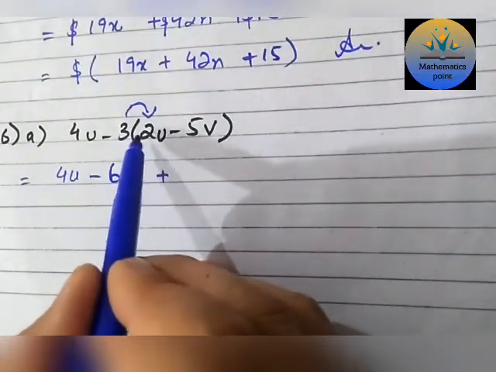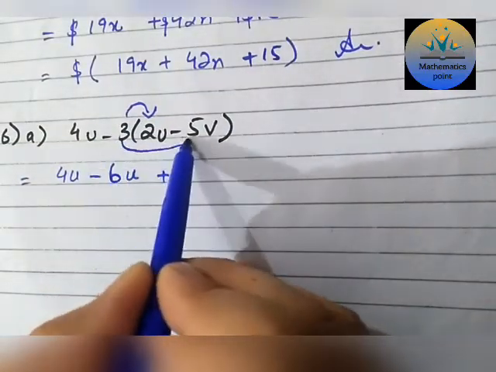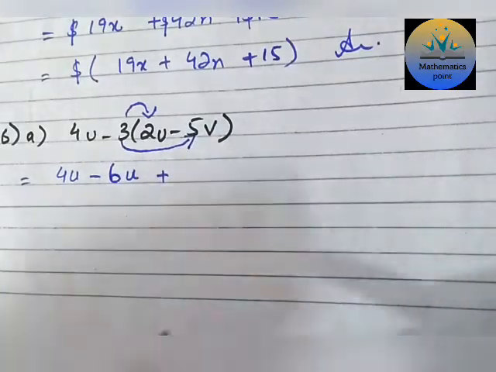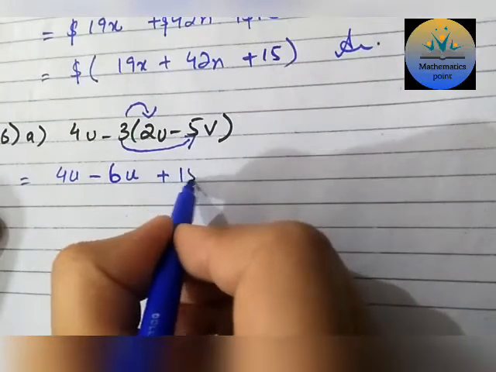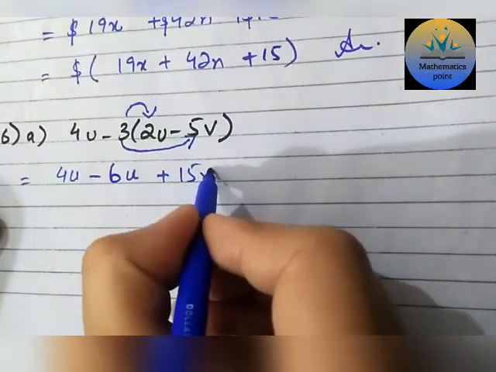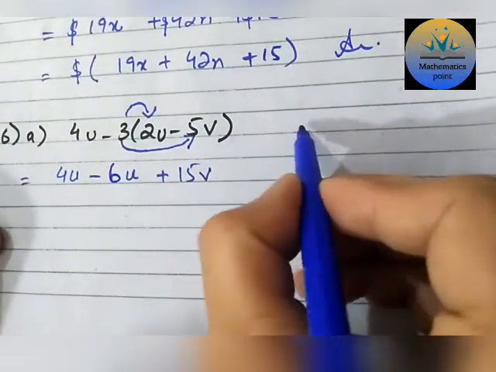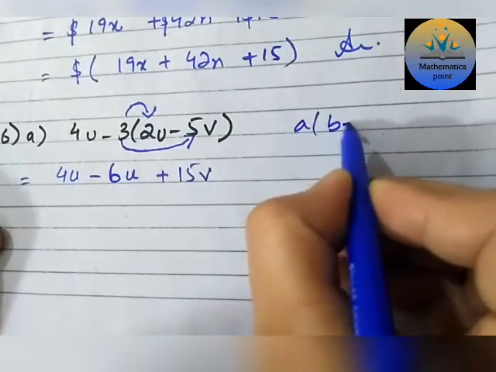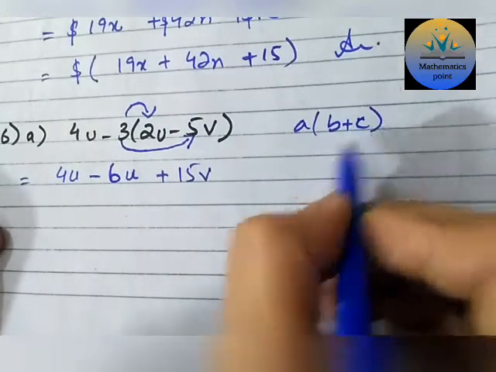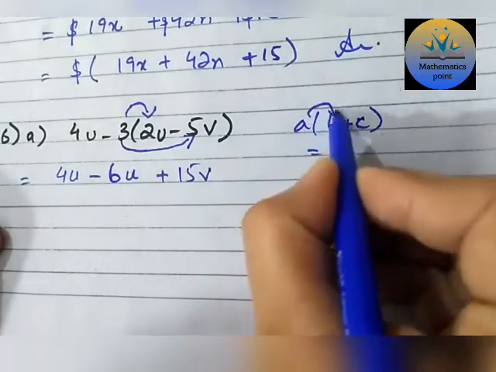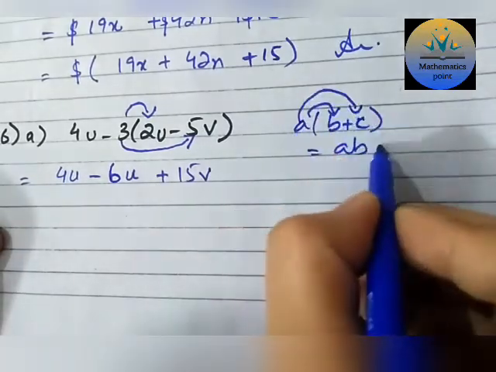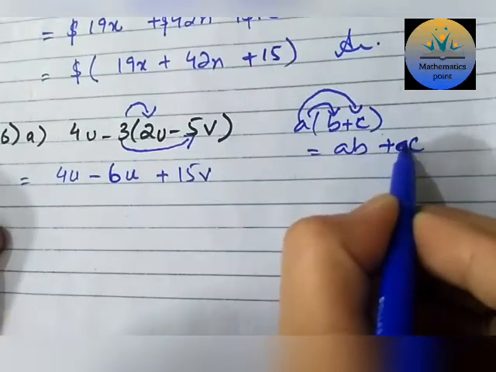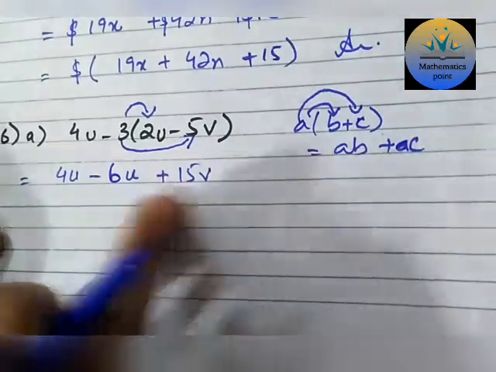Then we multiply this 3 with the second term according to the distributive law. So minus minus plus, 3 fives are 15, and the variable here is b. The distributive law is a into b plus c, so firstly a multiplies with the first term, ab, and then with the second term, plus ac. Same we apply that rule here.